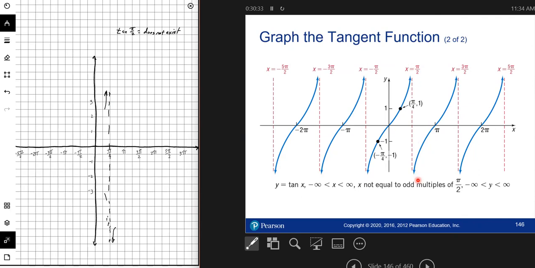So that's the definition of an asymptote. So x equals pi over 2 is a vertical asymptote, and at all the odd multiples you wind up with vertical asymptotes.